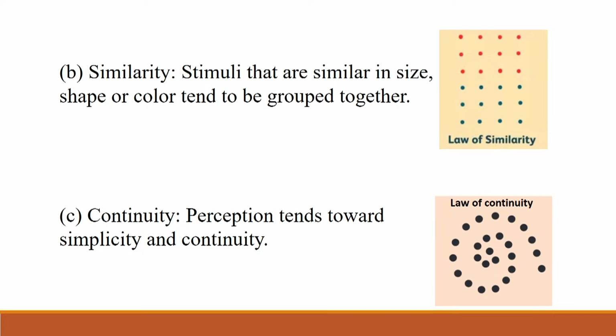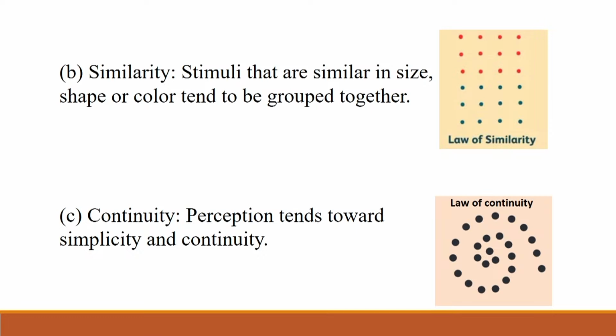So when we are given stimuli, for example, you can see in the picture that there is a dotted figure, and it is trying to make a figure. For example, you might say that it is a concentric circle.